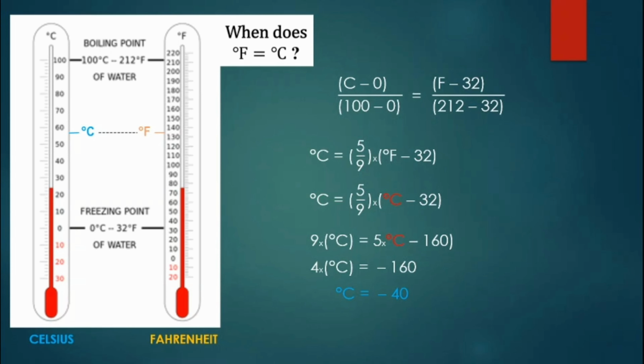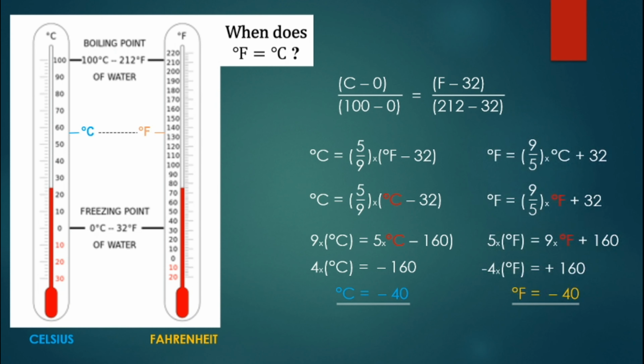We can substitute F with C, since our assumption is that C and F are of the same value at this point, and we get also negative 40. The same thing as what is shown on the right hand side, wherein we solve first degree Fahrenheit as a function of Celsius, and also we arrive at the same value, -40.